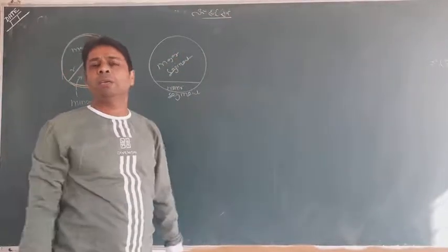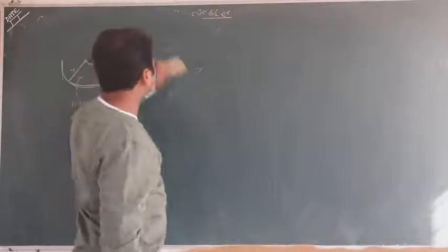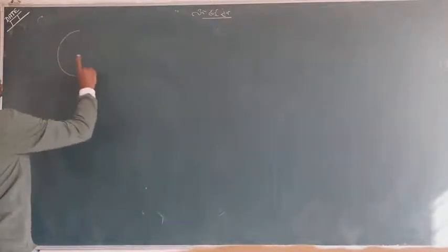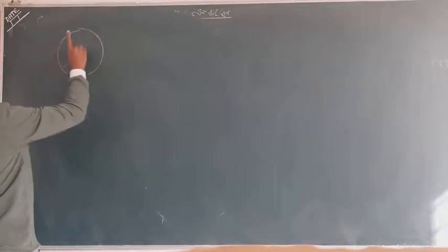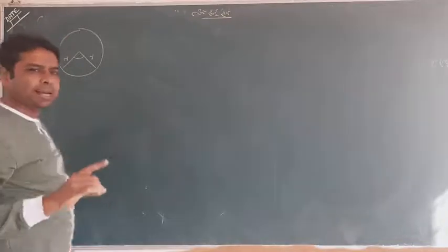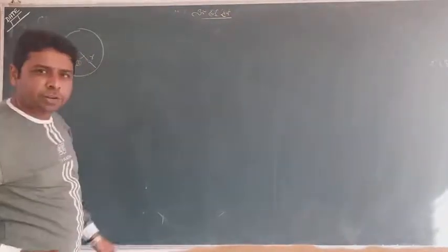Now we will find all of these. When we draw a circle and put two radii, they definitely make some angle, the central angle. Suppose it is theta in degrees.